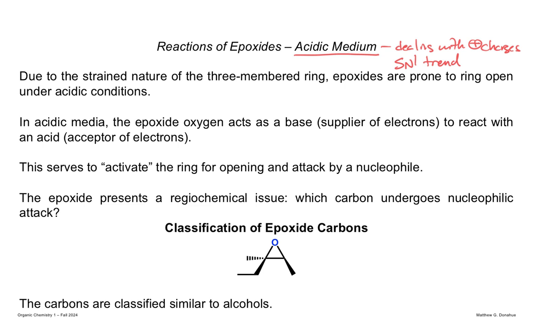So with an epoxide, that oxygen has 2 lone pairs. If we were treating it with an acid, I'm just going to say H+, the oxygen will get protonated. So acid, and so this is then a base.